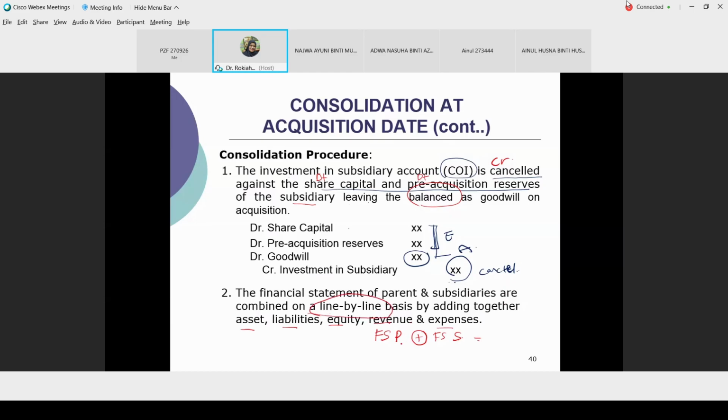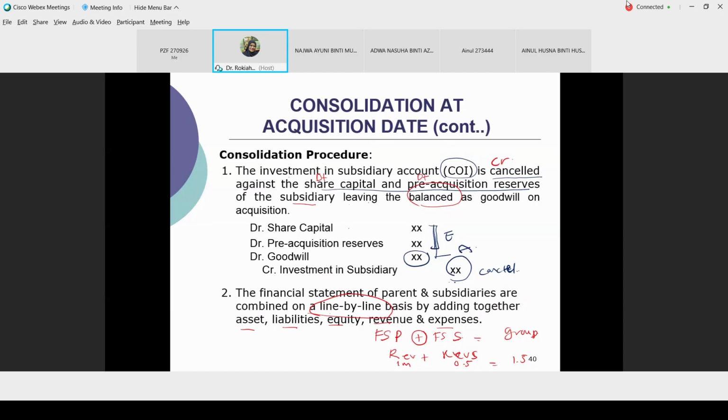For example, revenue in the parent is added with revenue in the subsidiary. Let's say revenue in the parent is 1 million and revenue in the subsidiary is 0.5. So the total revenue for the group will be 1.5. This is what it means to add together line by line: we add the same items in the parent's financial statements to the items in the subsidiary's financial statements.